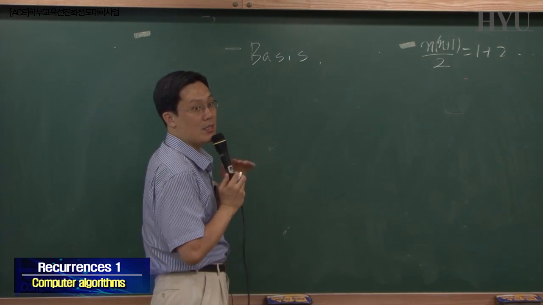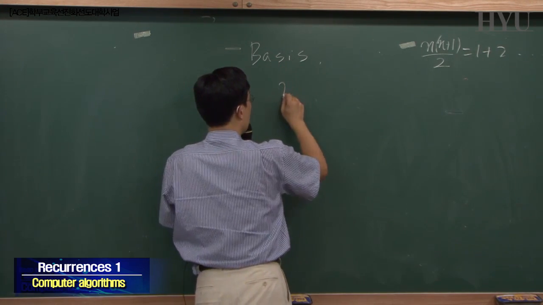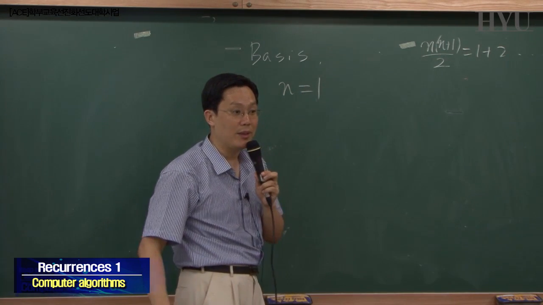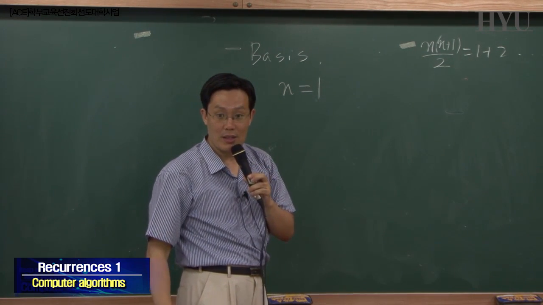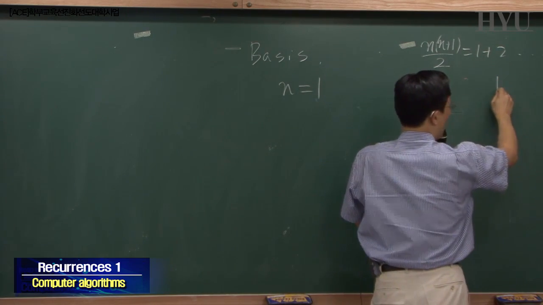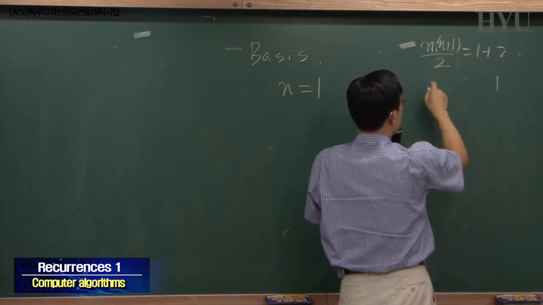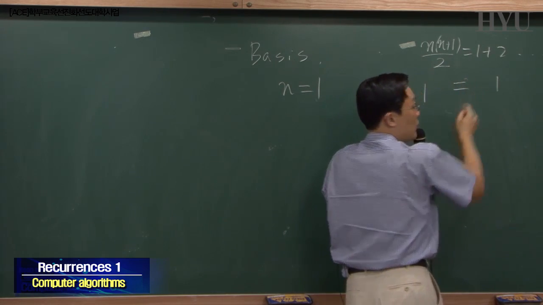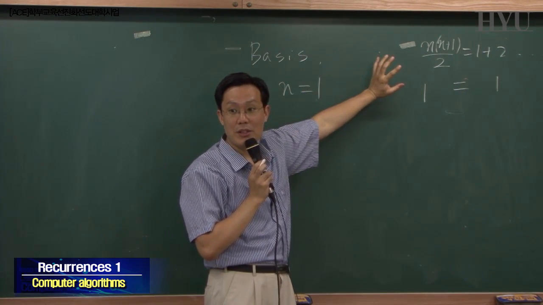Then the basis is to show that it is true when n is 1. Then the right-hand side is 1, and the left-hand side is also 1. So this equation is true. This is the basis.